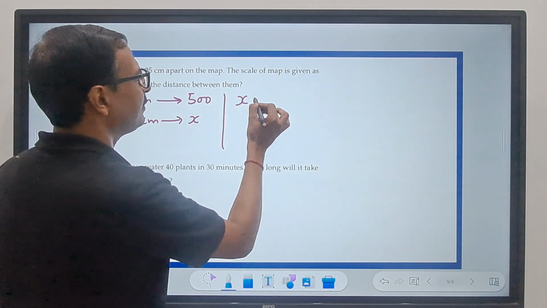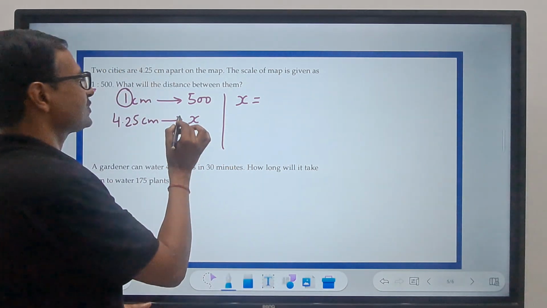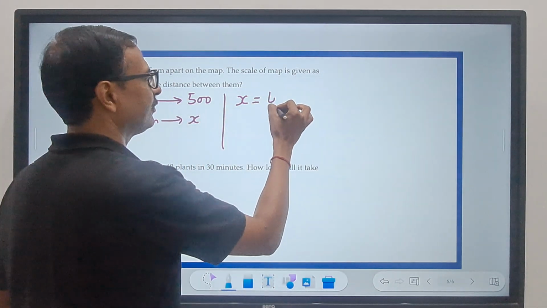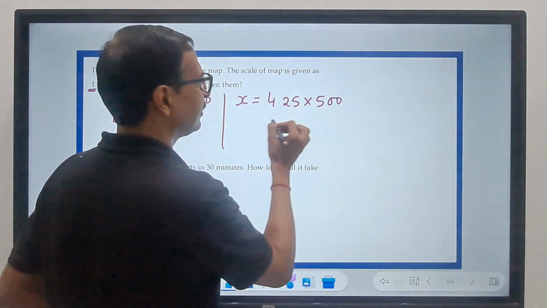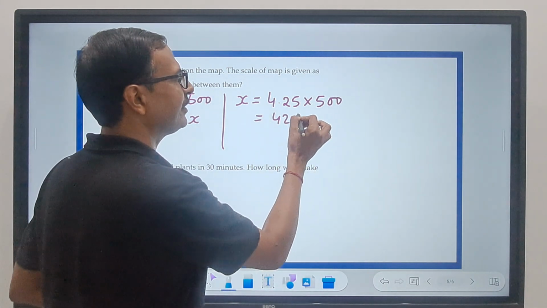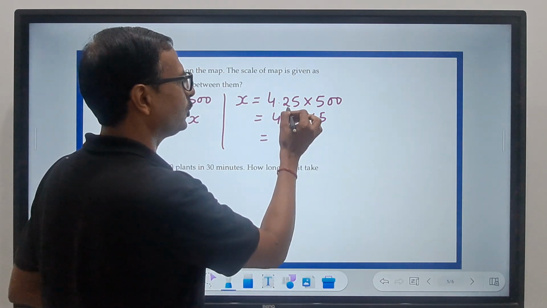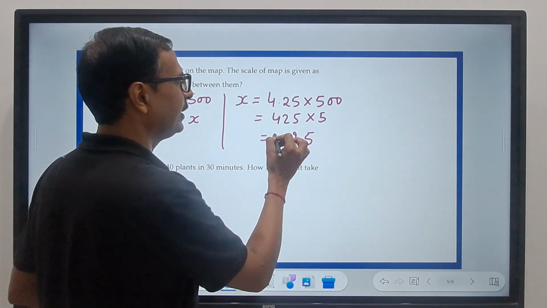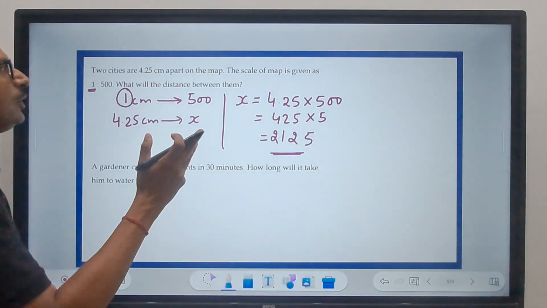Pretty easy here because this quantity is 1, so no division is involved. X will be just the product of 4.25 and 500, which gives us 425 times 5, and that is 5 times 5 is 25, 5 2s are 10 and 2 is 12 means 2, 1 carry, and then 21. So X is 2125.